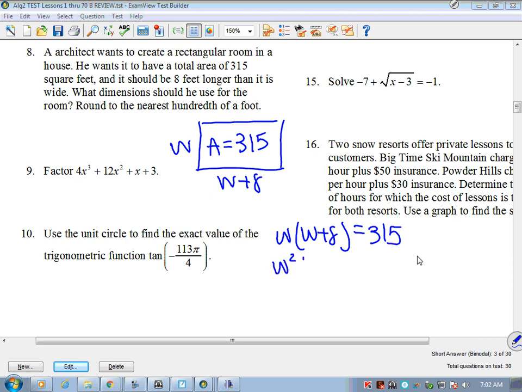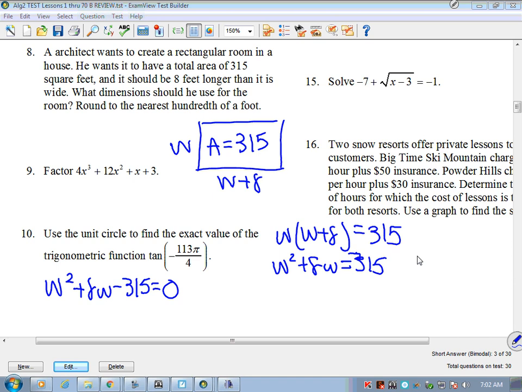Distribute: W squared plus 8W equals 315. At this point, we have a quadratic equation, so we're going to subtract 315. I'm going to move that over here. W squared plus 8W minus 315 equals 0.